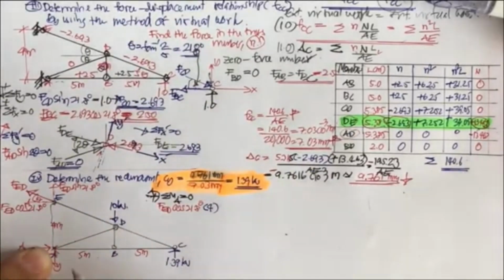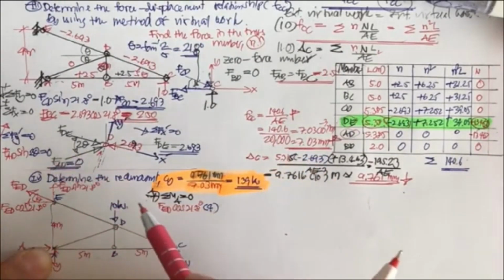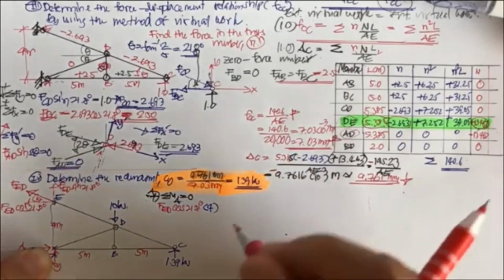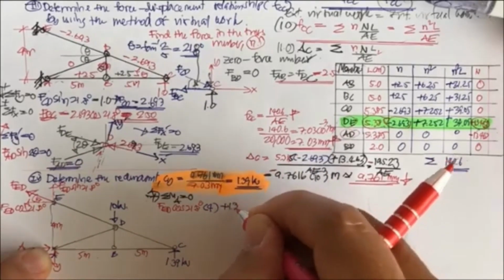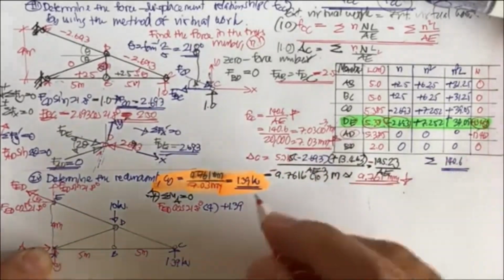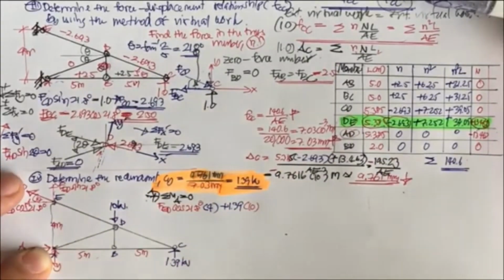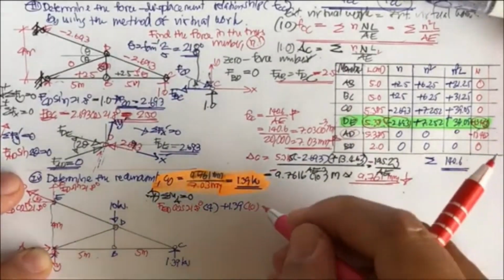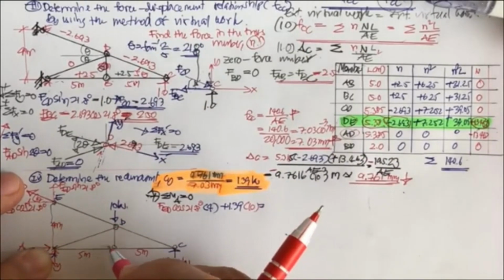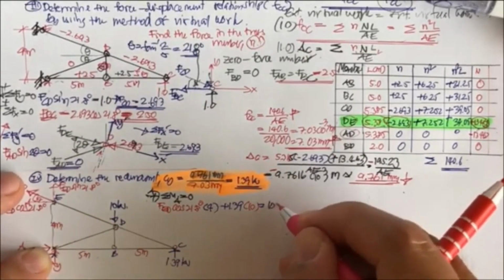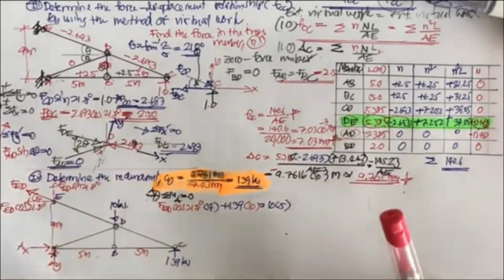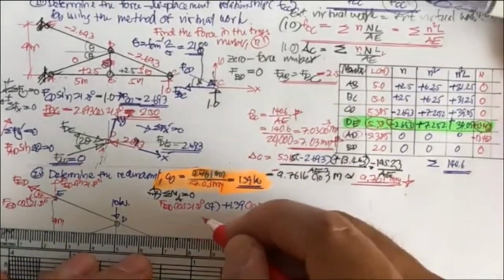That's counterclockwise. And you have this plus 1.39 times 10. And you're going to have this one equal to 10 times 5. And now you can determine F sub DE easily.